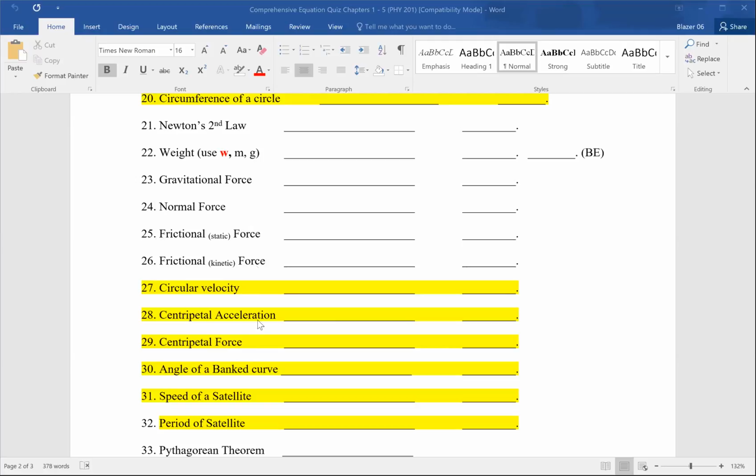And the ones that are highlighted are the ones that you are to use to complete in this chapter 5. So who knows the equation for Newton's second law? Type it in if you know that equation, Newton's second law.